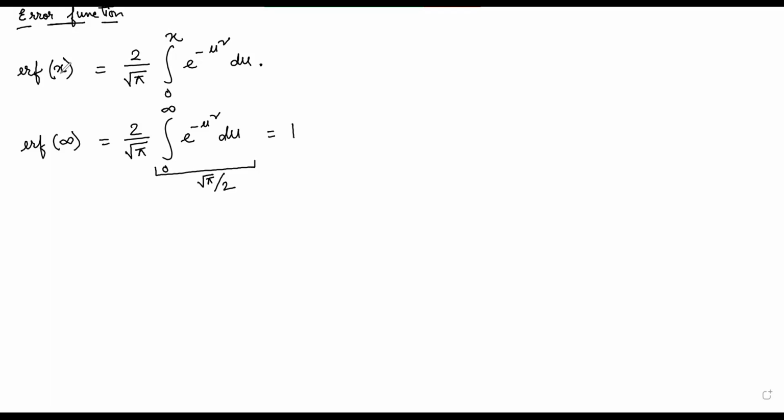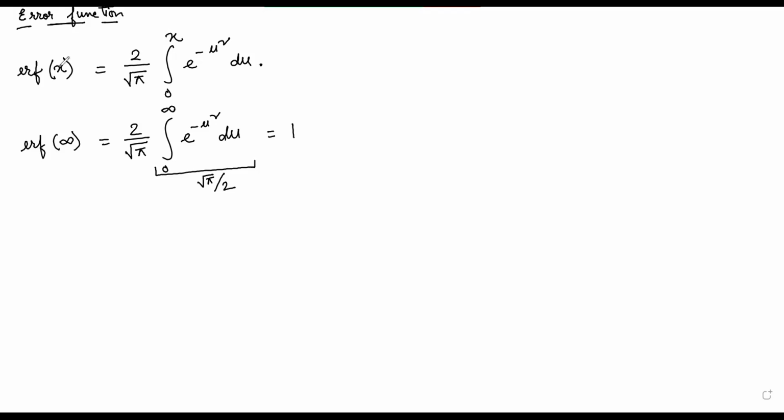I repeat, you have a random variable y, normally distributed with mean 0 and standard deviation 1 by root 2. Then the error function of x is the probability that y falls in the range minus x to plus x.